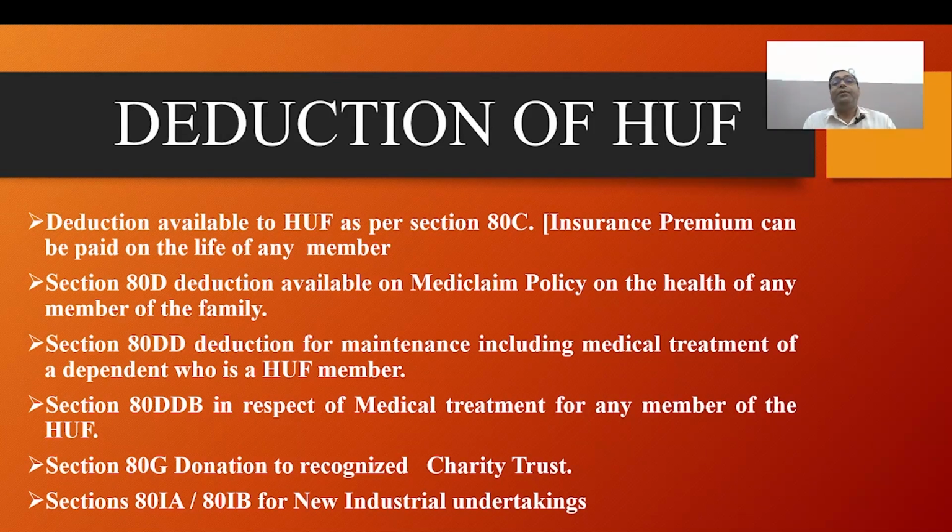It can also invest in shares and mutual funds, which I have already discussed. And being a separate entity, the Hindu undivided family enjoys a basic tax exemption of 2,50,000.